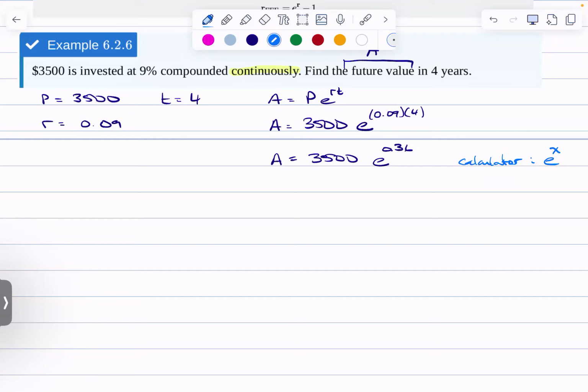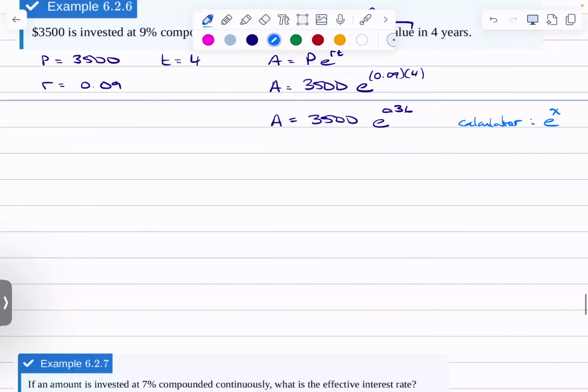I do too. So e to the 0.36, let's start there. I'm gonna jot down what I get here so you can compare.